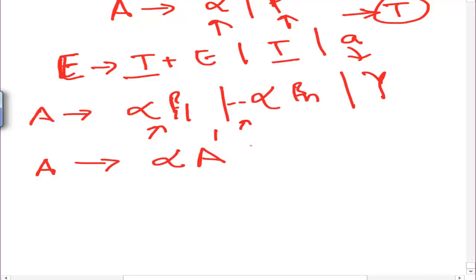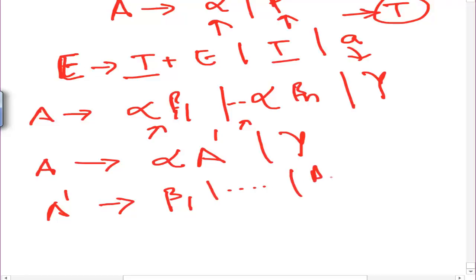Gamma is not a problem, we can keep it there, but this A prime replaces the suffixes. Then get that A prime and place it here. Now how do we place it? Here it was beta 1, then beta n and so on, right? So I will say A prime goes to beta 1, or so on up to beta n. The suffixes go downside.